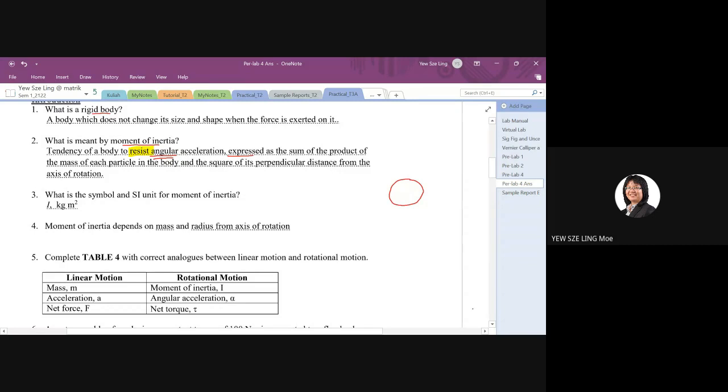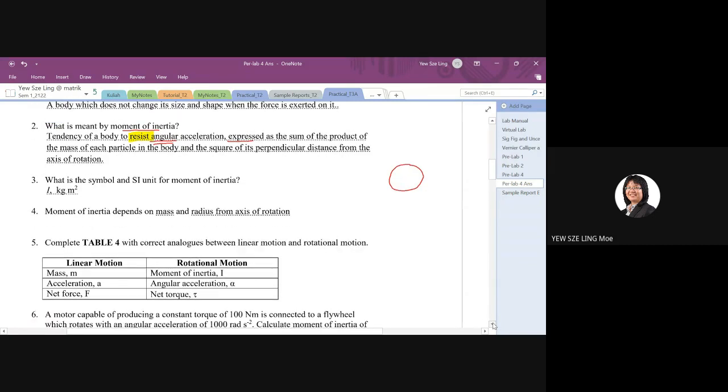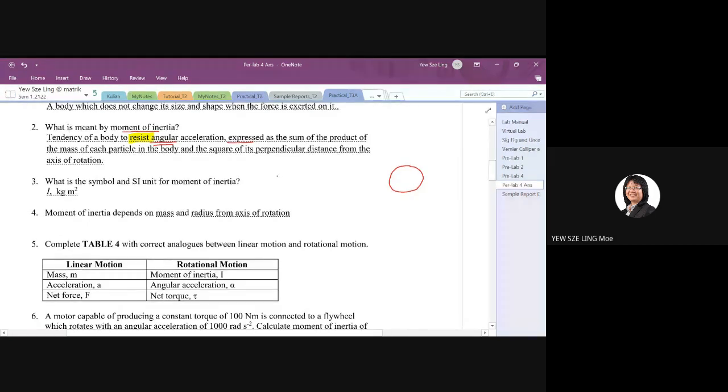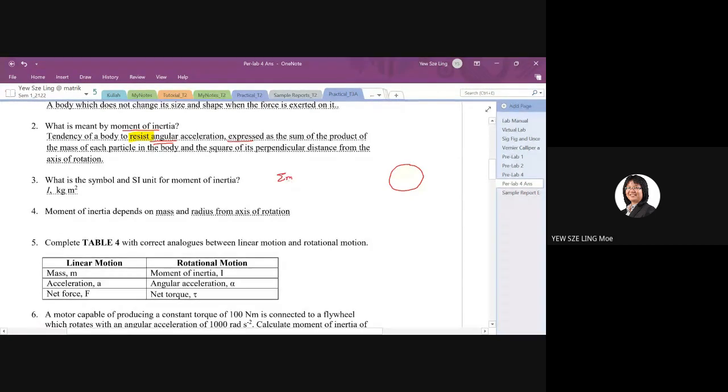So what is the symbol and SI unit for moments of inertia? It is kg m². If you look at the definition, it tells you the sum of the mass of each particle times the square of the distance from the rotation axis. So summation mr². I equals summation mr².